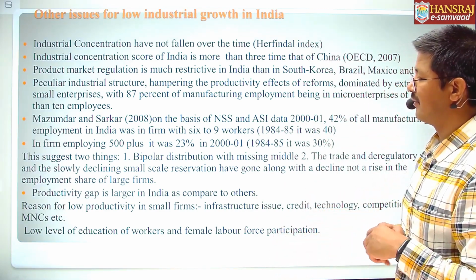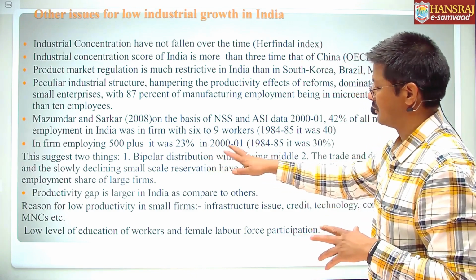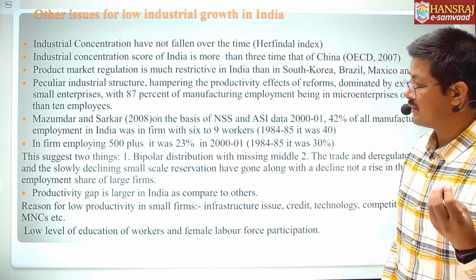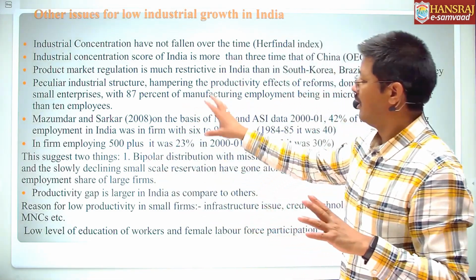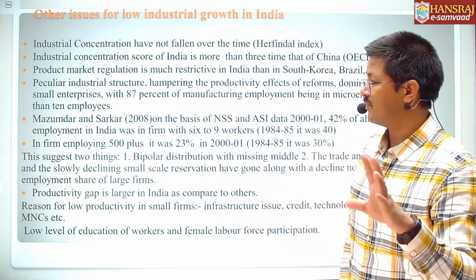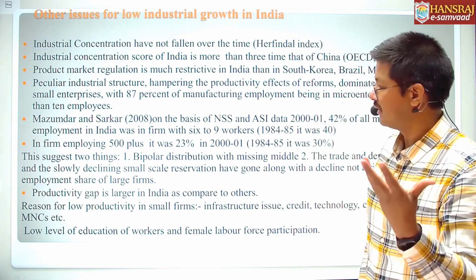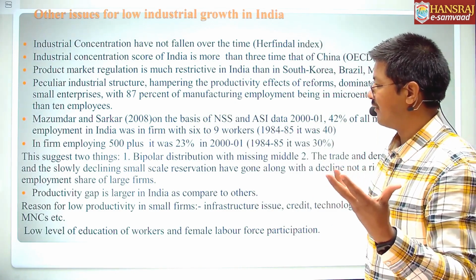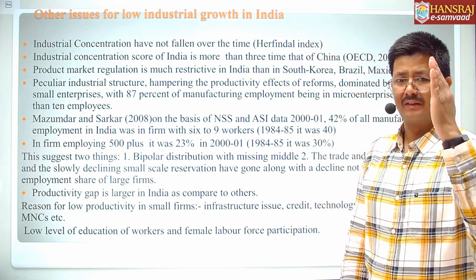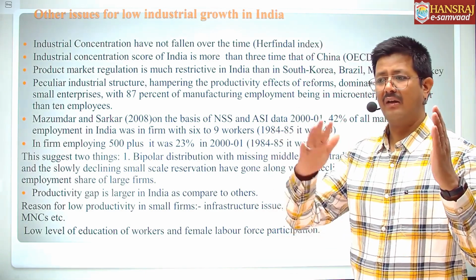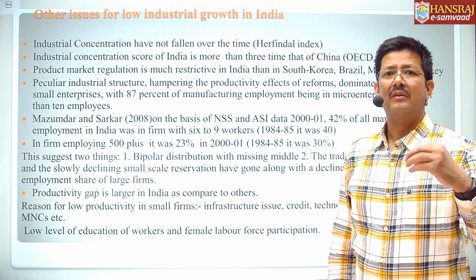In firms employing 500 plus, this we already discussed. Now the firm size distribution suggests two things. First, a bipolar distribution with a missing middle. Either we have the tiny units or we have the big ones.